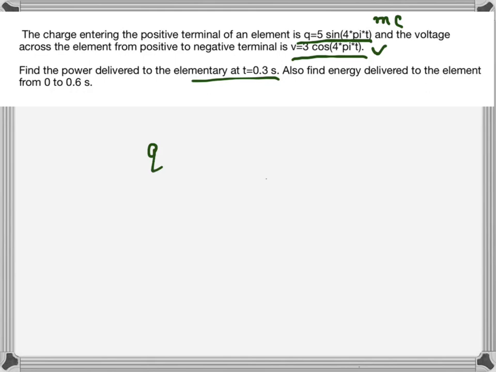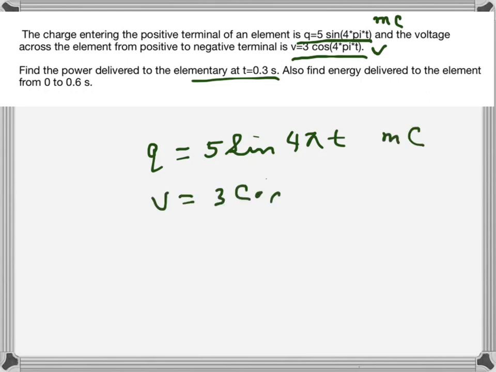So charge is given, and that is 5 sin 4πt millicoulomb, and voltage is 3 cos 4πt volts. So i is dq over dt. So we differentiate to find the current, because to find the power we need current.